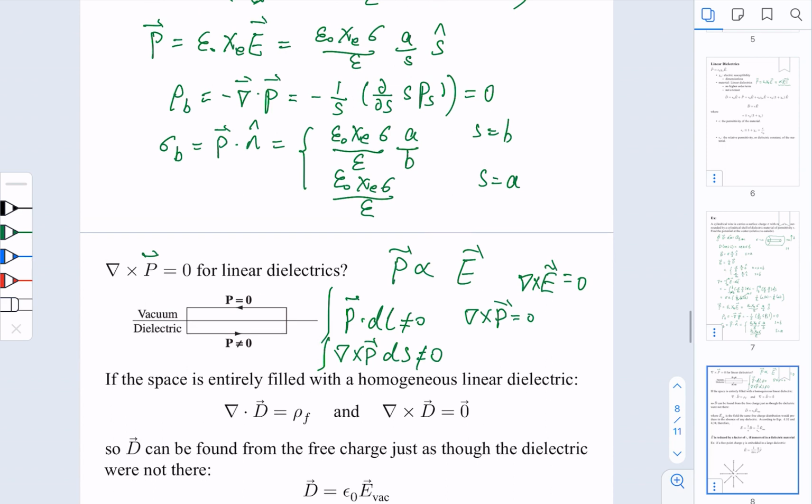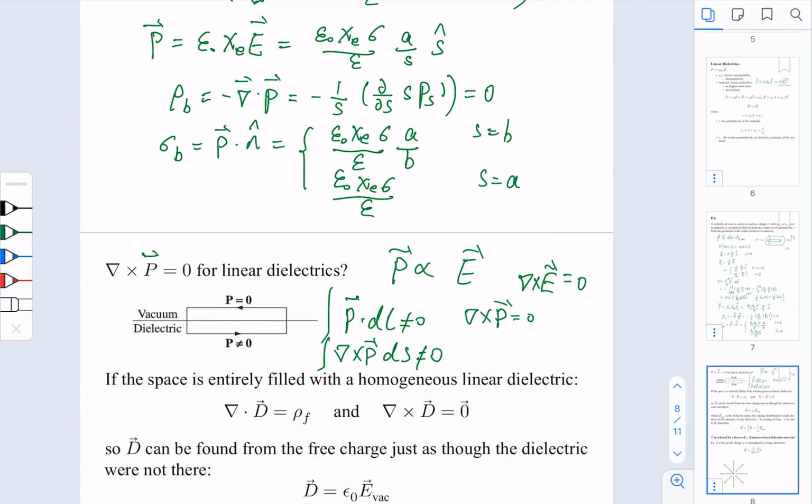Now let's take one step forward and say that if the space is entirely filled by this homogeneous linear dielectric, then in this case the del cross P has to be 0. So say that our space is filled with some kind of homogeneous material throughout the space entirely, like from origin to infinity.